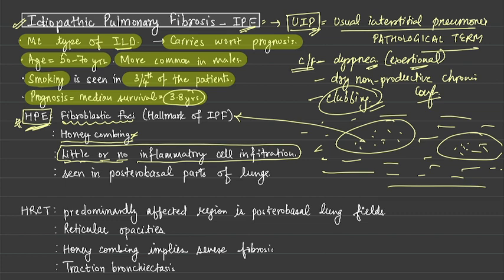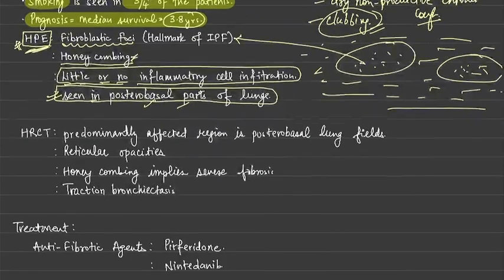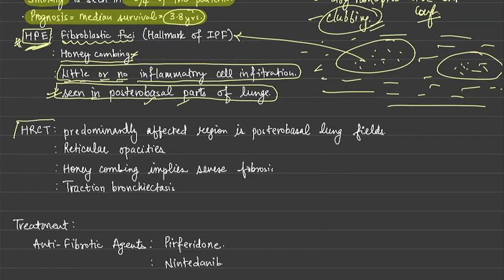It is seen in posterior basal parts of the lungs. Remember, most of the idiopathic lung diseases or idiopathic pulmonary fibrosis or lung fibrosis, the area involved is posterior basal parts of the lungs, posterior and basal. As far as HRCT is concerned, which is the gold standard investigation for ILD, predominantly affected region is posterior basal lung fields, right?